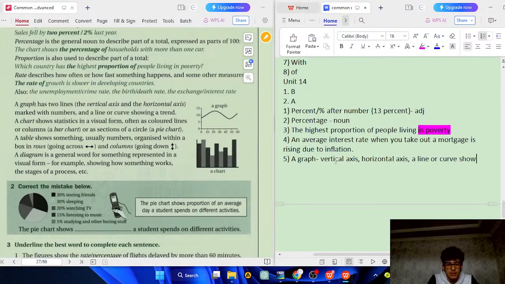A chart includes lines and columns, bar chart.